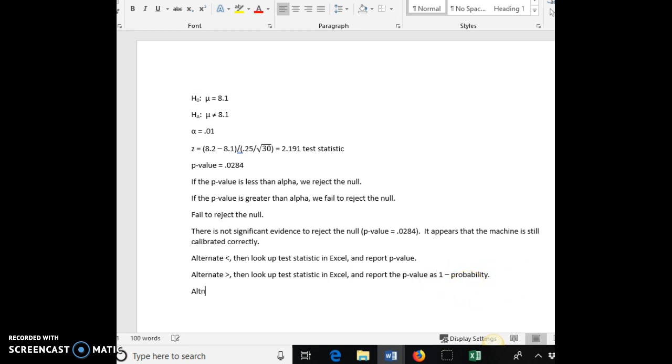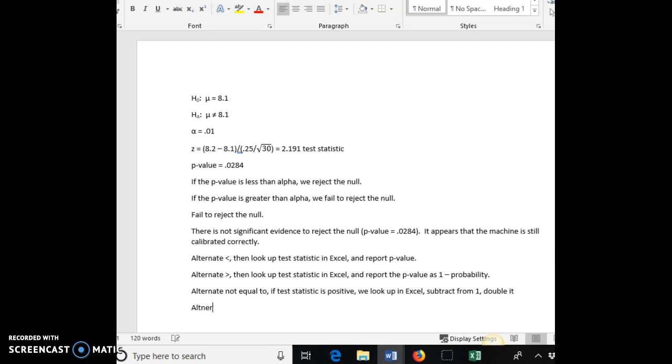And then the alternate is not equal to. Well, there's really two scenarios here. If your test statistic is positive, like it was in this one that we just looked at, we look up in Excel, and then we subtract from 1, and then we double it.